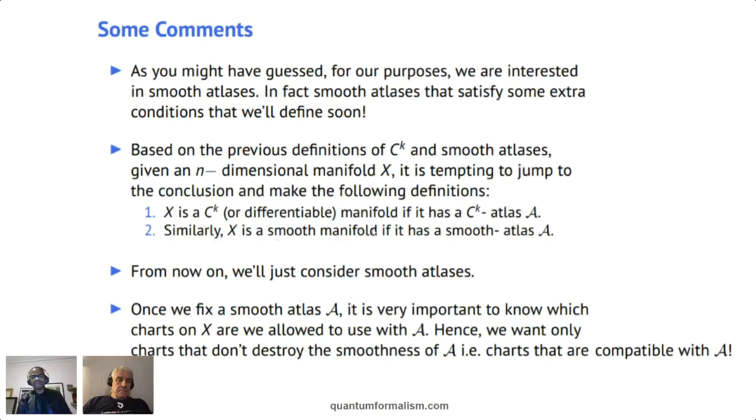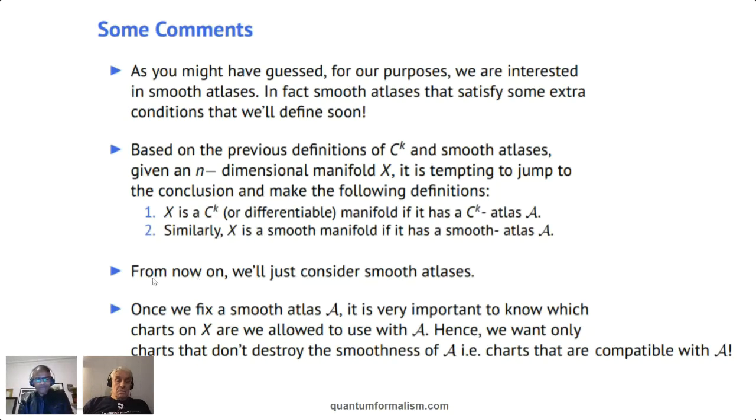Similarly, X is a smooth manifold if it has a smooth atlas. But this is not enough. We need extra conditions. The challenge for you is to think why this is ill-defined, why this is incomplete. Defining a smooth manifold, or more generally a CK manifold, just with CK atlases and smooth atlases, without any extra condition, is not sufficient. I leave you to think about it as part of solidifying your knowledge as we go through this.